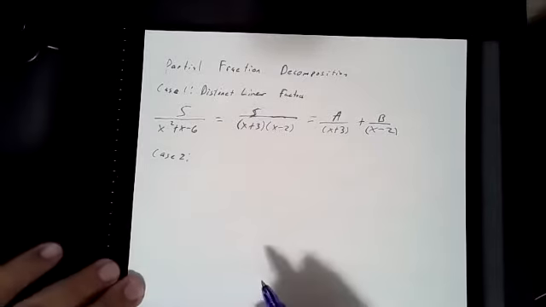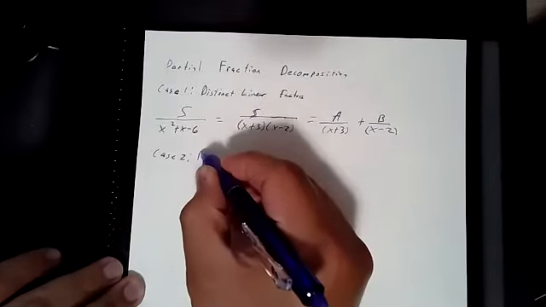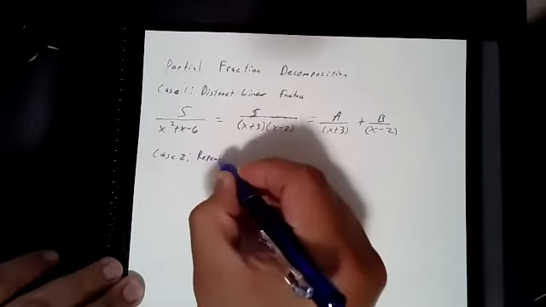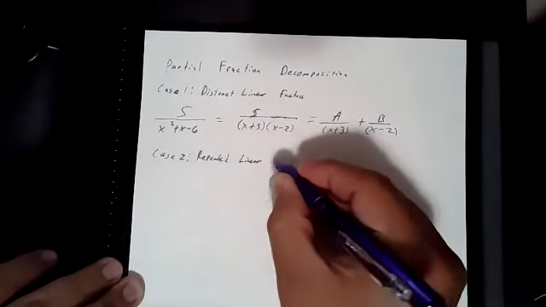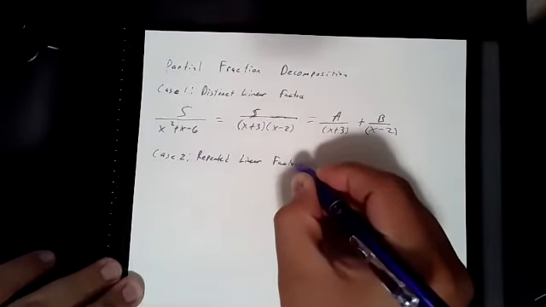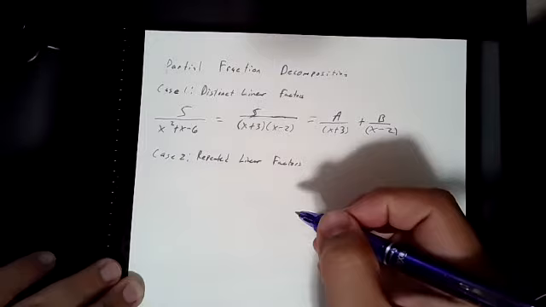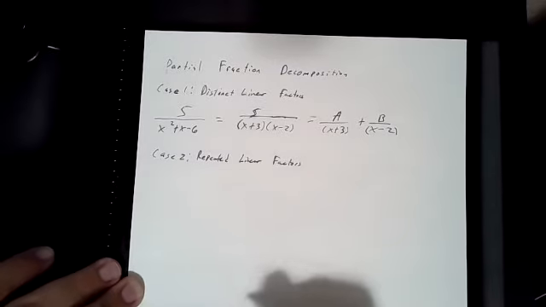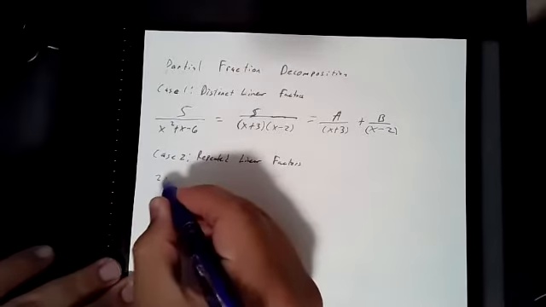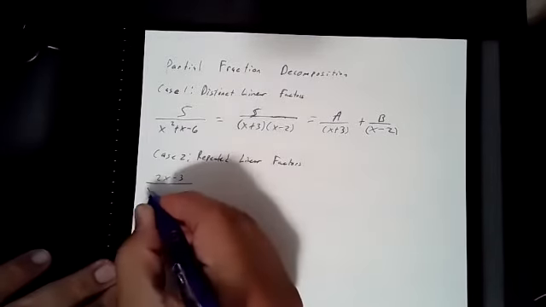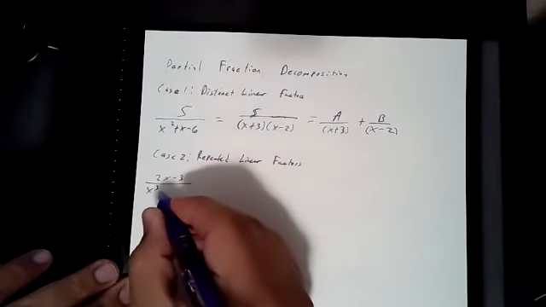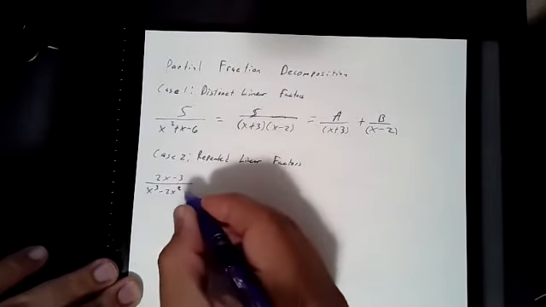Case two. Repeated linear factors. So in this one, they start with x cubed minus 2x squared plus x.